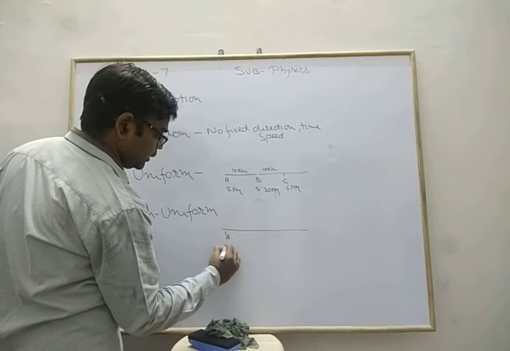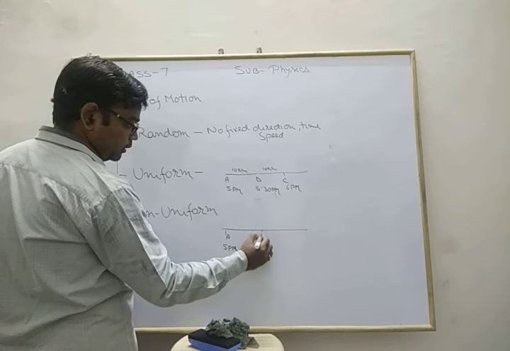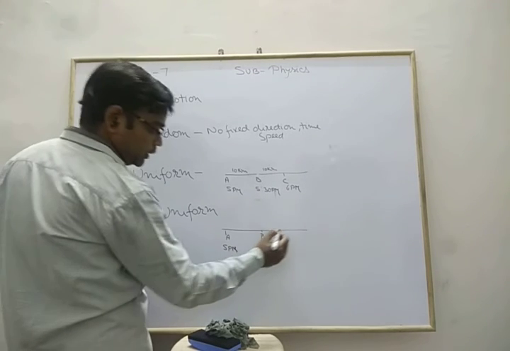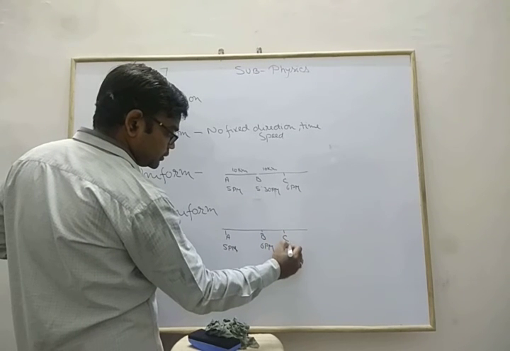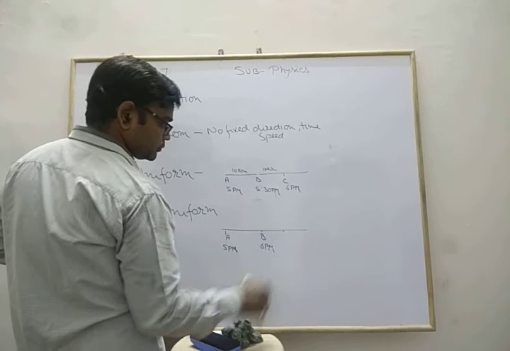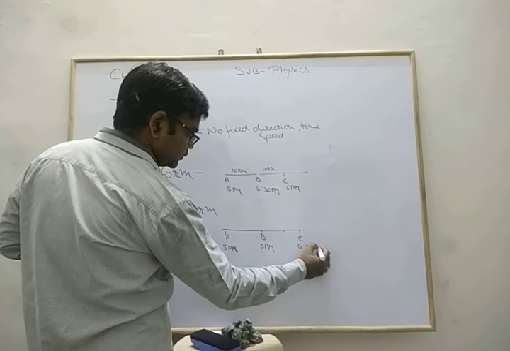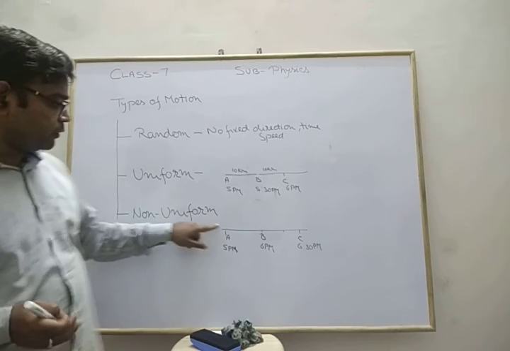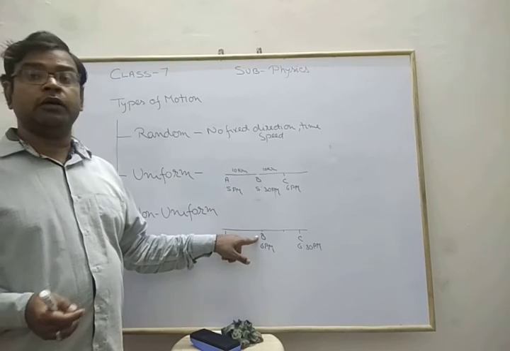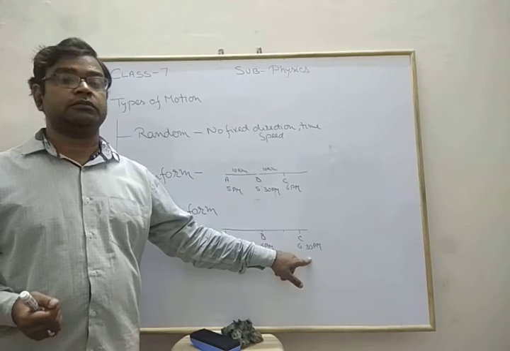You start from A at 5 p.m. There is heavy traffic, so from A to B you take 1 hour and reach B at 6 p.m. Then after B you have an empty highway, so you speed up your car and reach C from B within 30 minutes, at 6:30.